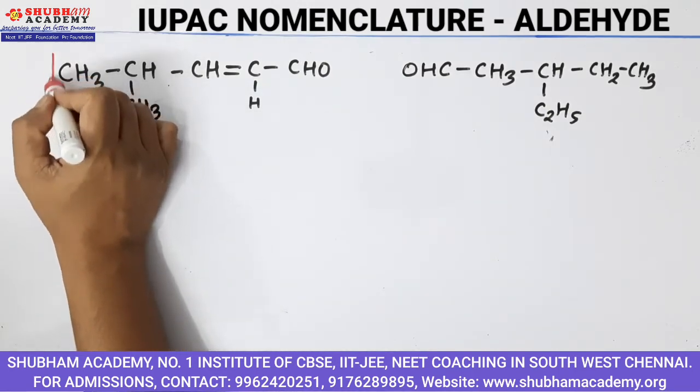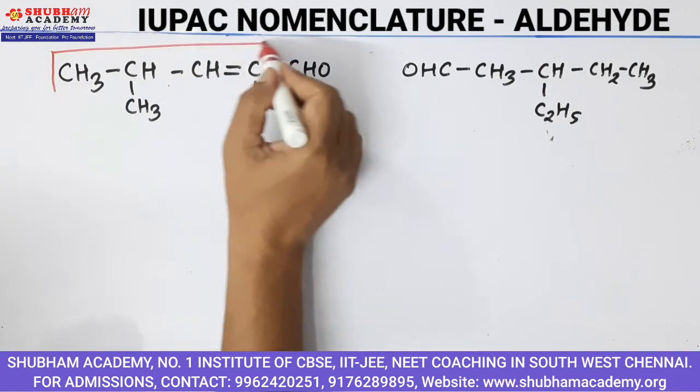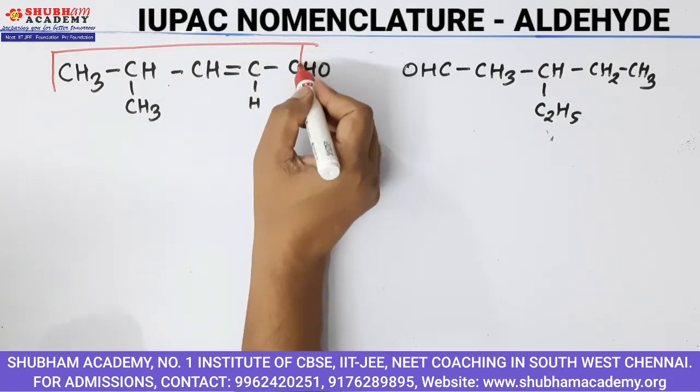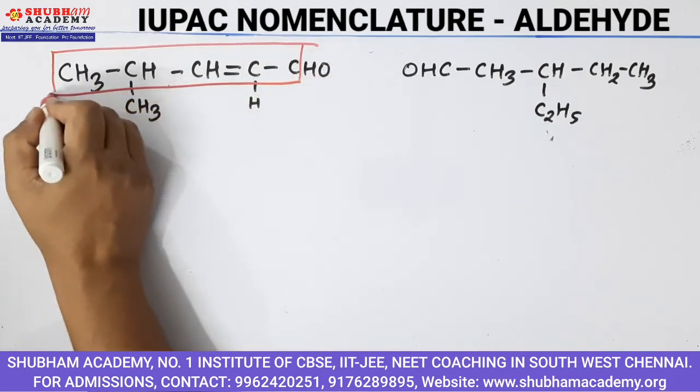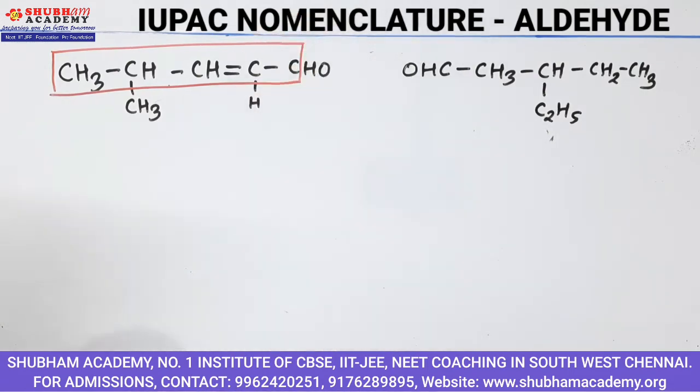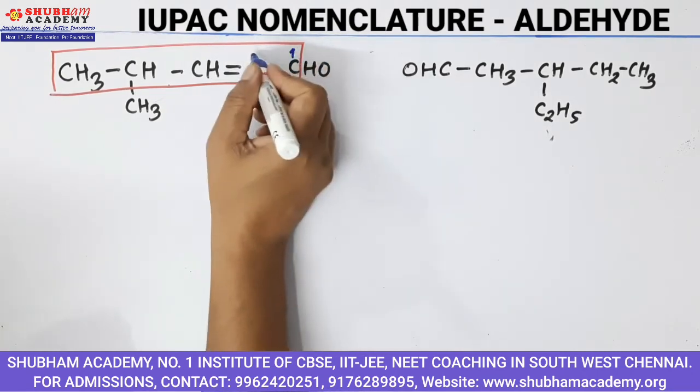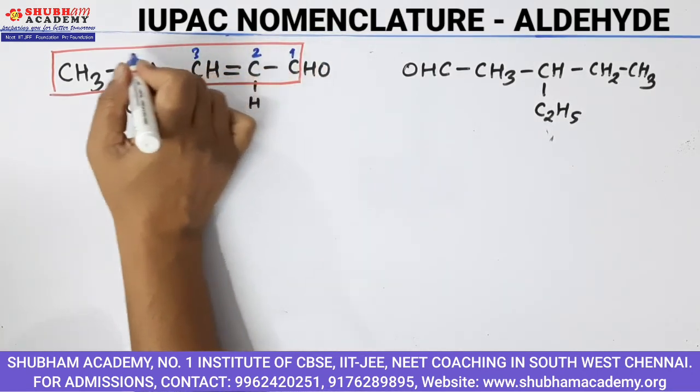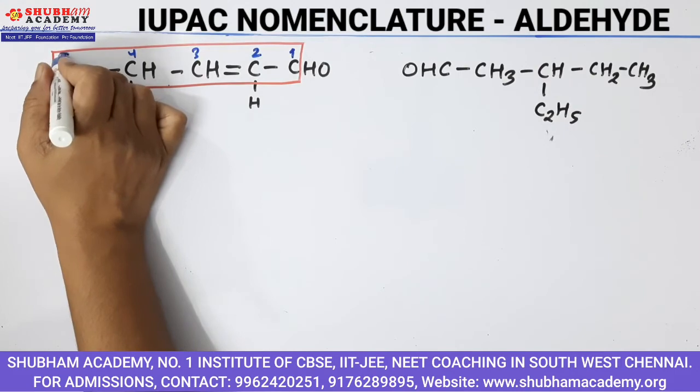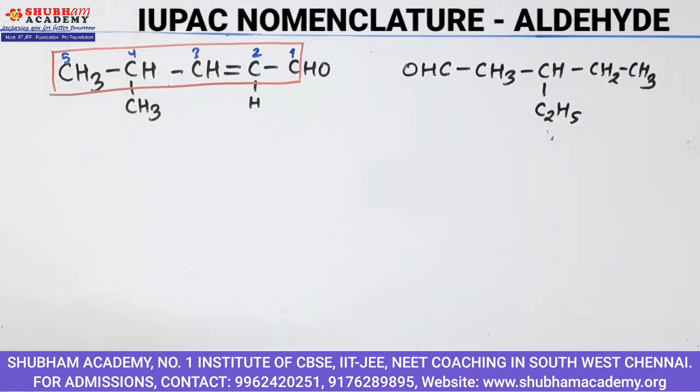Here this is your longest chain. Okay, you have to number the chain from the side from where CHO group is near. So 1, 2, 3, 4, 5, right?